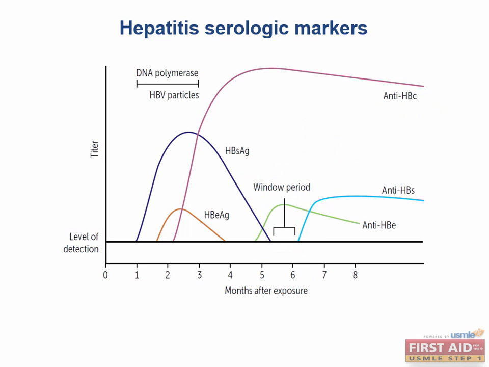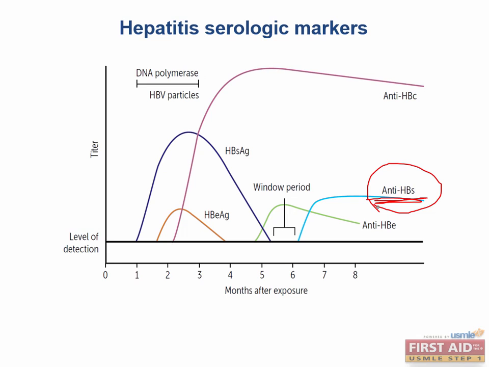The window period comes to an end when antibodies to the surface antigen are produced. At this time, when you find antibodies to the surface antigen, you can confidently say that the infection has resolved and the patient is in recovery.